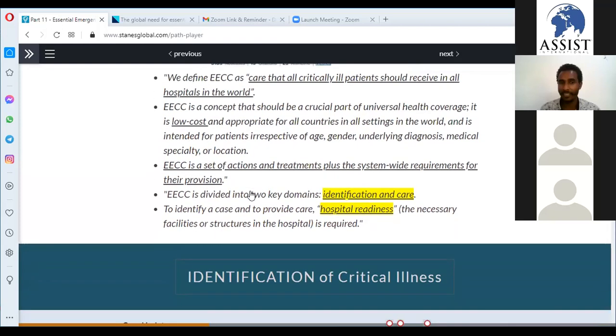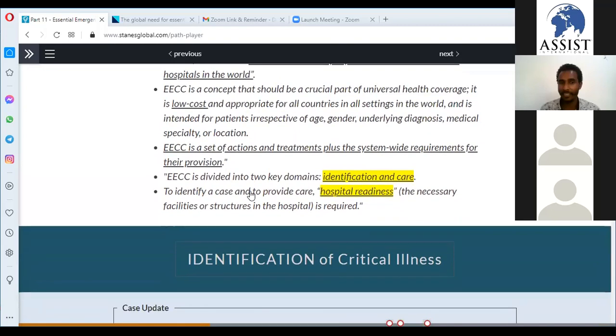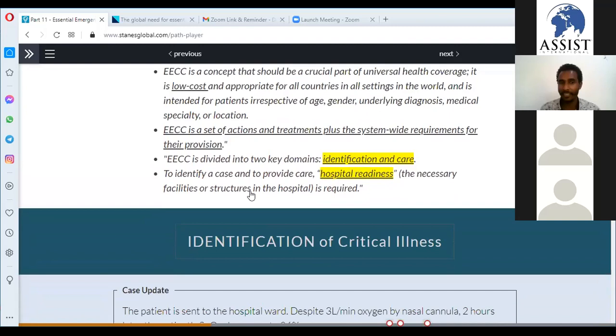So it's recognized under the universal health coverage component, and it's defined as a set of actions and treatments plus the system-wide requirements for their provision. It has its own sets of actions and treatments, as well as its systems to develop in a given hospital.